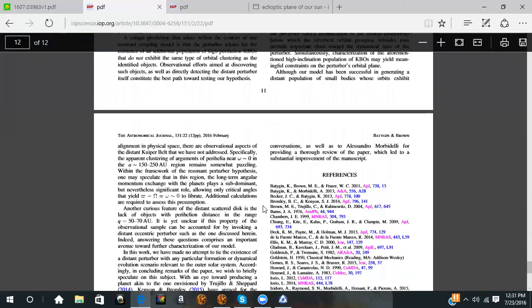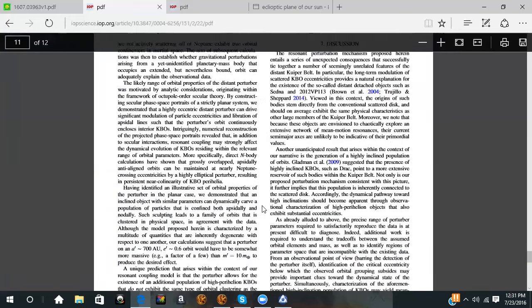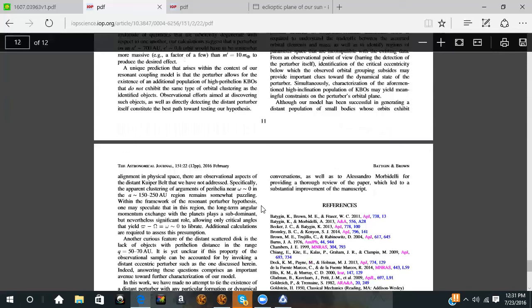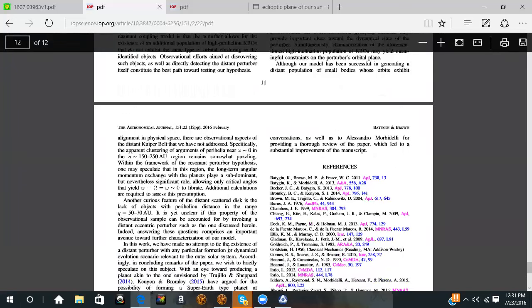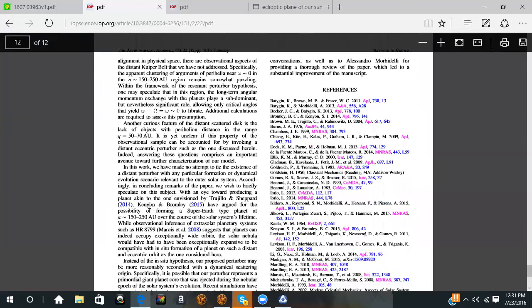So here's the references again, and we can go into the conclusion I believe they make. But what's going on here is, yeah, they know that it's a perturber. They know that this thing's huge, a super Earth type planet that formed over the course of the solar system's lifetime, all right.